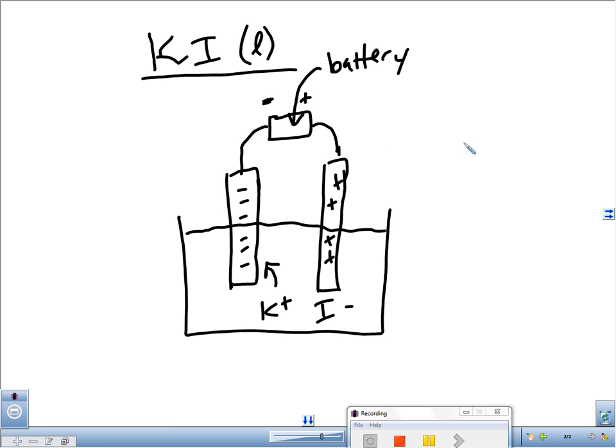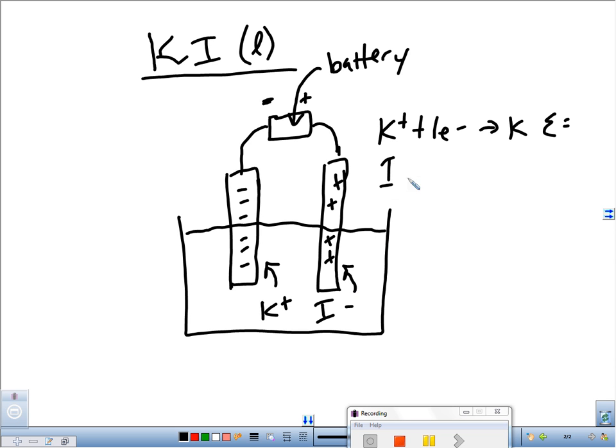K plus one electron yields K. The iodide is negative, so it will be attracted to the other electrode. It will lose an electron, and what do you think it's going to form? Iodine. And I'm just going to balance it right away.